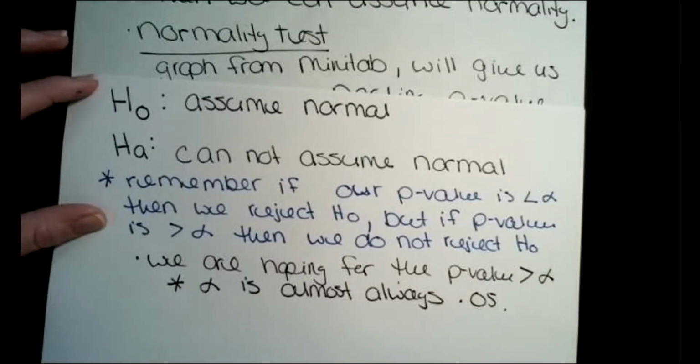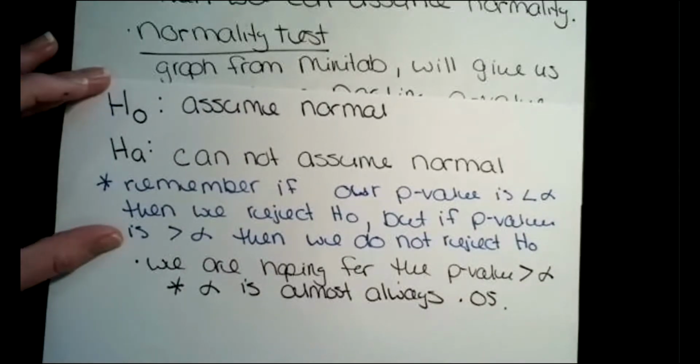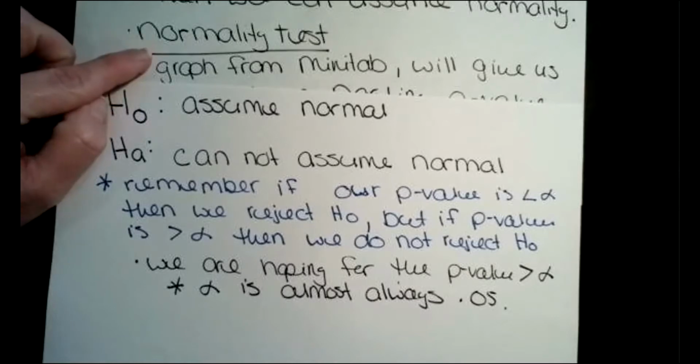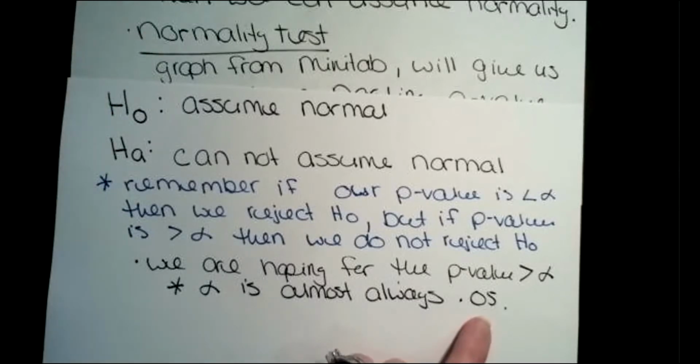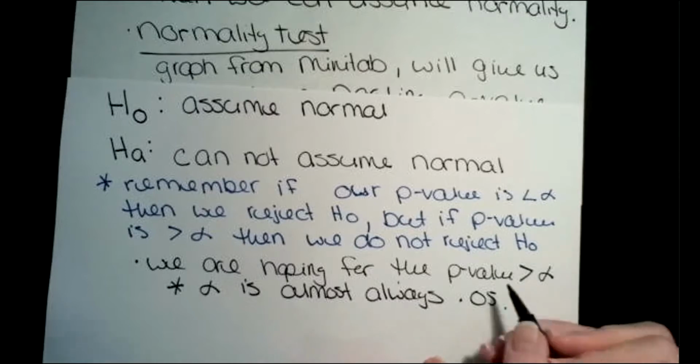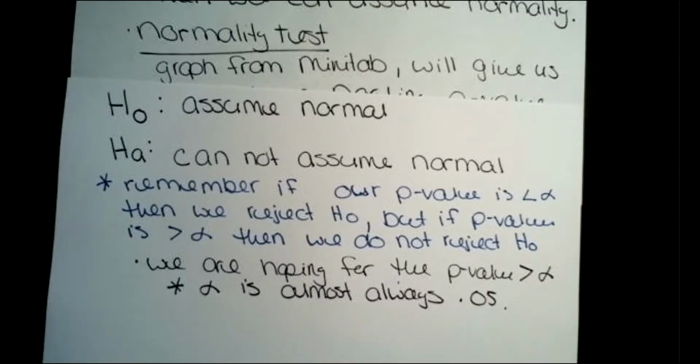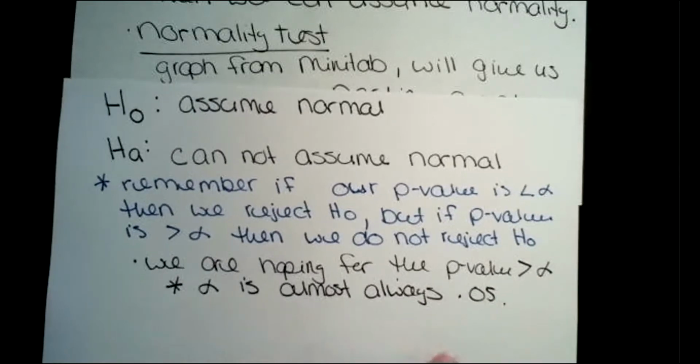So I don't think we ever use anything different than 0.05 when we're doing a normality test for alpha, even if we're doing something different. But I guess once in a while it might be noted to use a different alpha here, but I don't even know if I've come across that in the course when I teach it, like if I ever have an example where it's different. Okay, so my alpha is just about always 0.05 here.